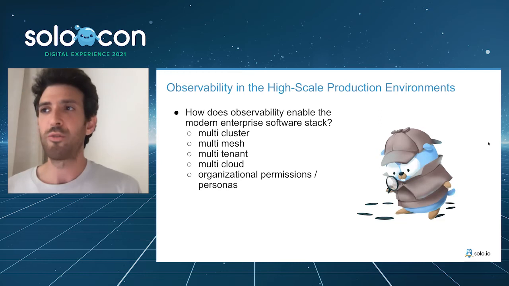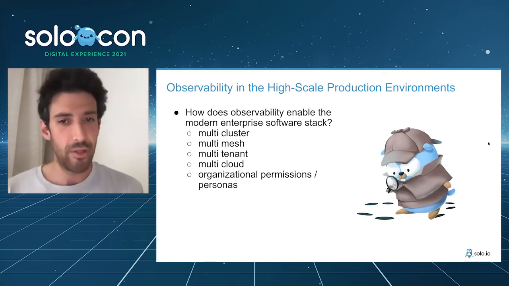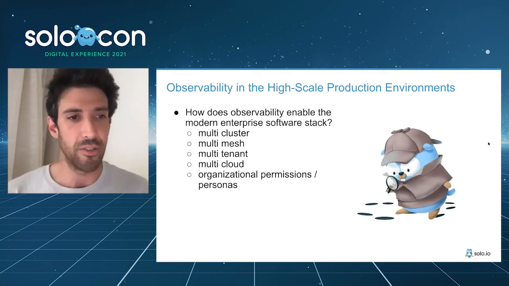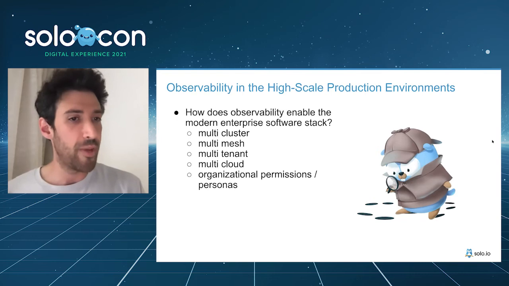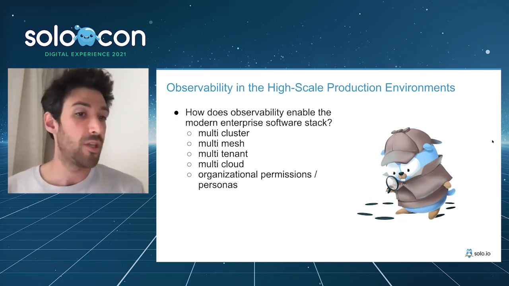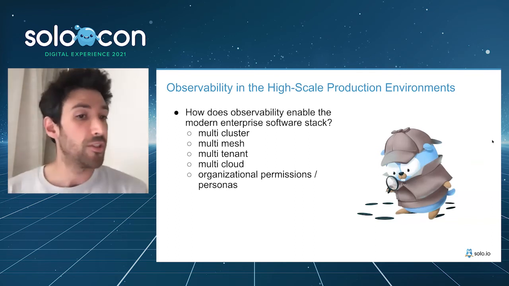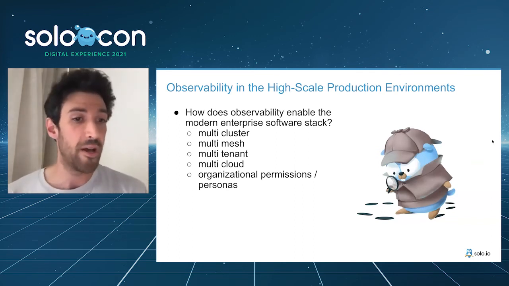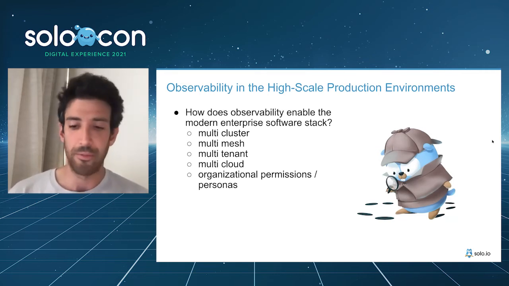So what we've done is we've built out solutions for them in our product Gloo Mesh to help address and tackle some of these, including how to handle multiple clusters, how to handle multiple meshes, how to handle meshes and clusters that are being shared by multiple tenants, how to handle meshes and clusters that are running on multiple clouds, as well as the different permissions and personas that users have in order to interact with these.